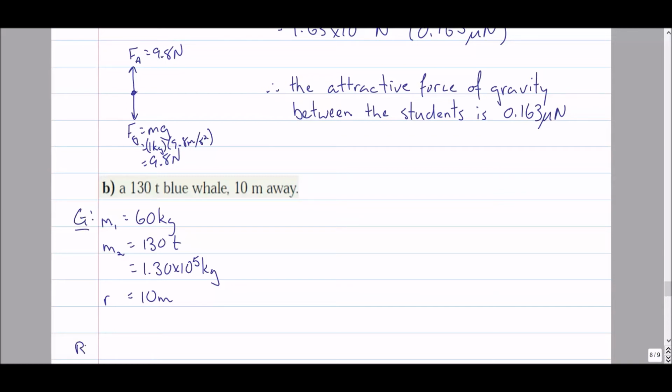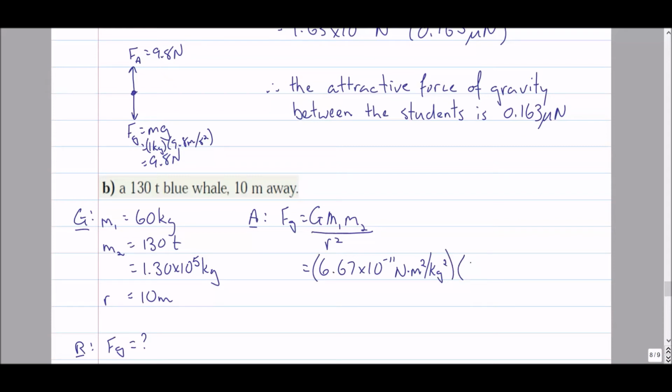We're being asked to determine what that force of gravity is between these two masses. And we do our math. Again, we'll substitute in our values to our G m1 m2 over r squared. So 6.67 times 10 to the power of minus 11 newton meters squared per kilogram squared.